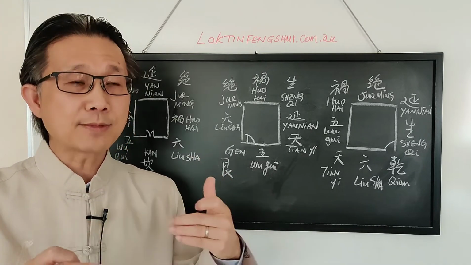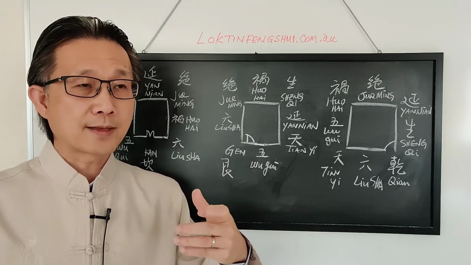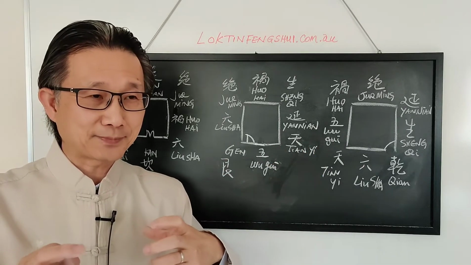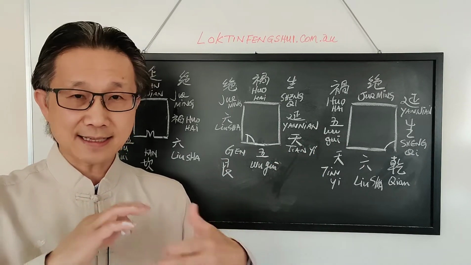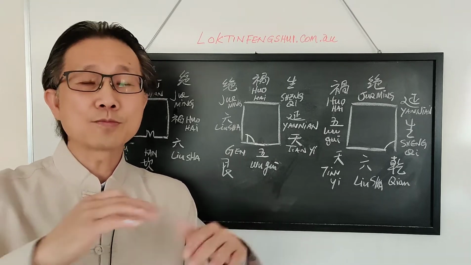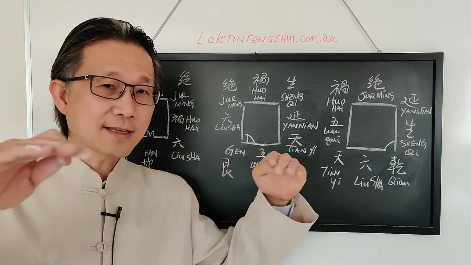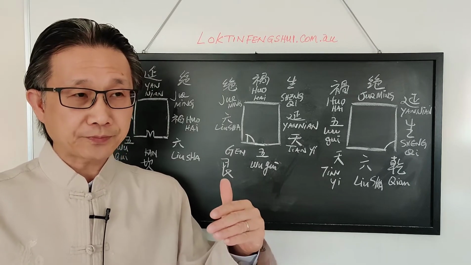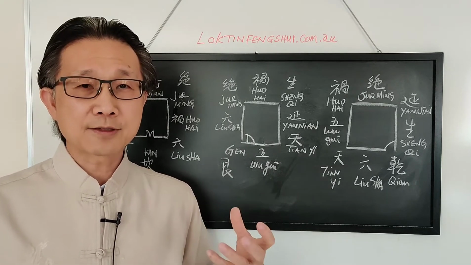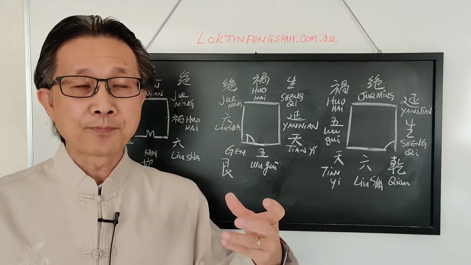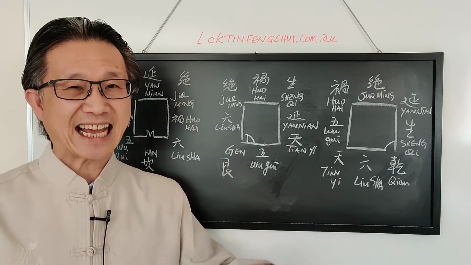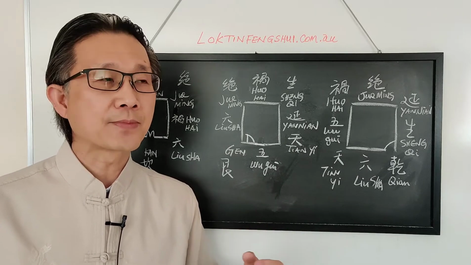But in the apartment type, because there's no one taller feature in that space, so the ceiling, assume they're all flat or the same level, we still can use the 8 house mansions, but we use the door location in relation to the activity area.